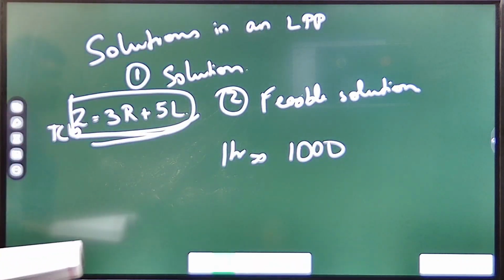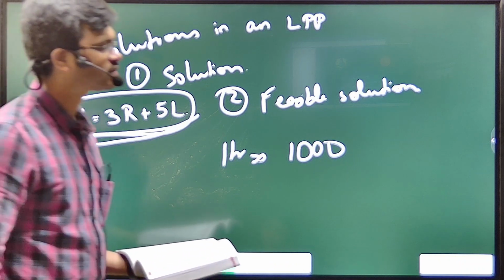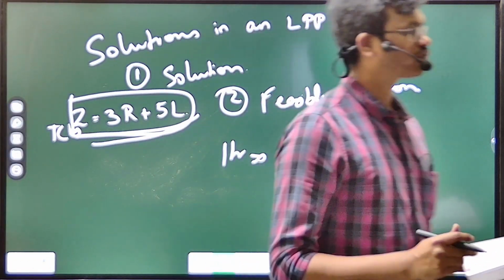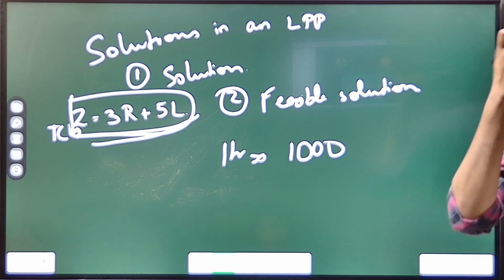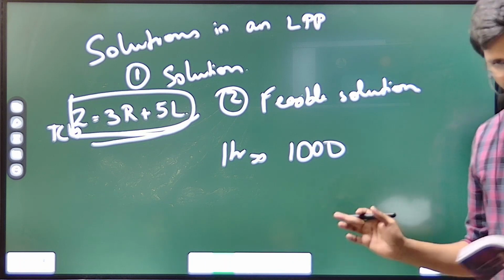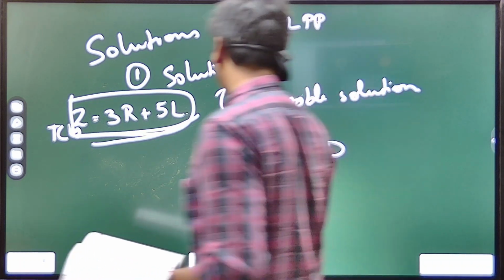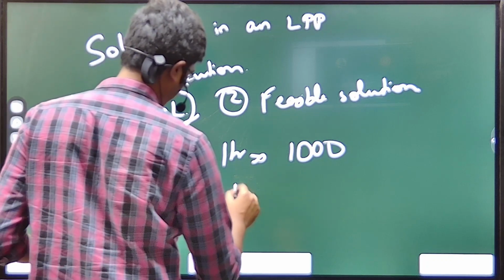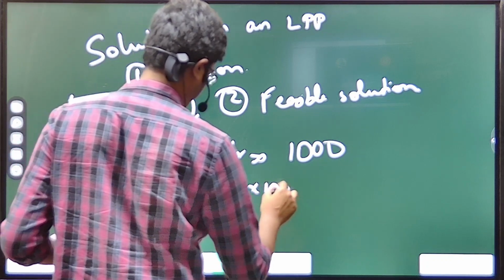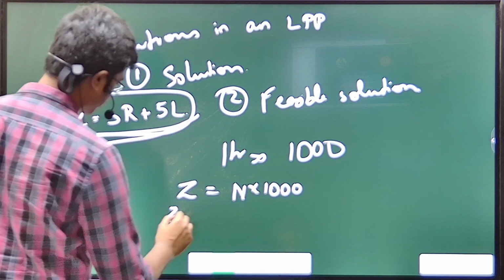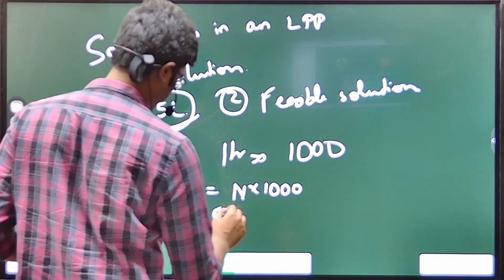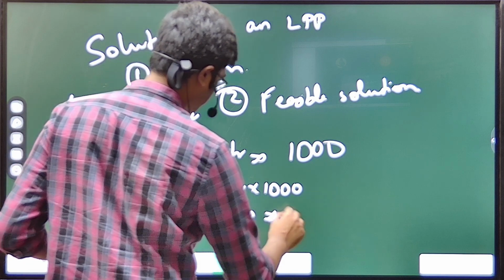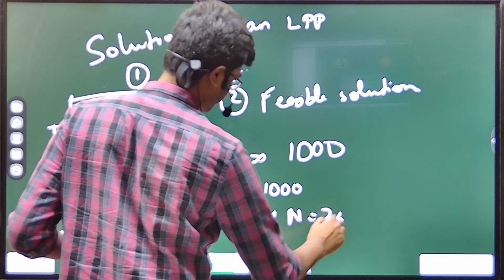Now the problem statement is, how many hours do you have to work in a day to earn 35,000 rupees? So Z equals N into 1,000, and you know Z equals 35,000. So N is equal to 35.